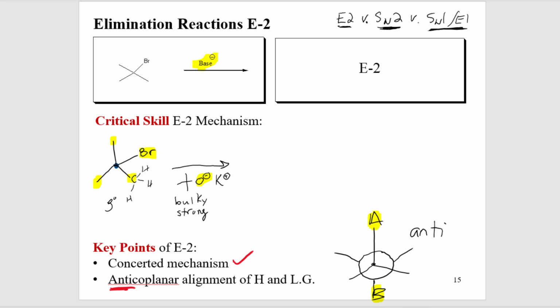Notice that they're also in the same plane. So this is actually what is meant by anticoplanar: 180 degrees and in the same plane from one another. It's the same meaning. Sometimes certain books call it anti-periplanar, anti-coplanar. It's the same thing. It's just a fancy word for something you guys already know. It's the anti Newman projection. So that's something we're going to come back to, but let's just focus on the mechanism.